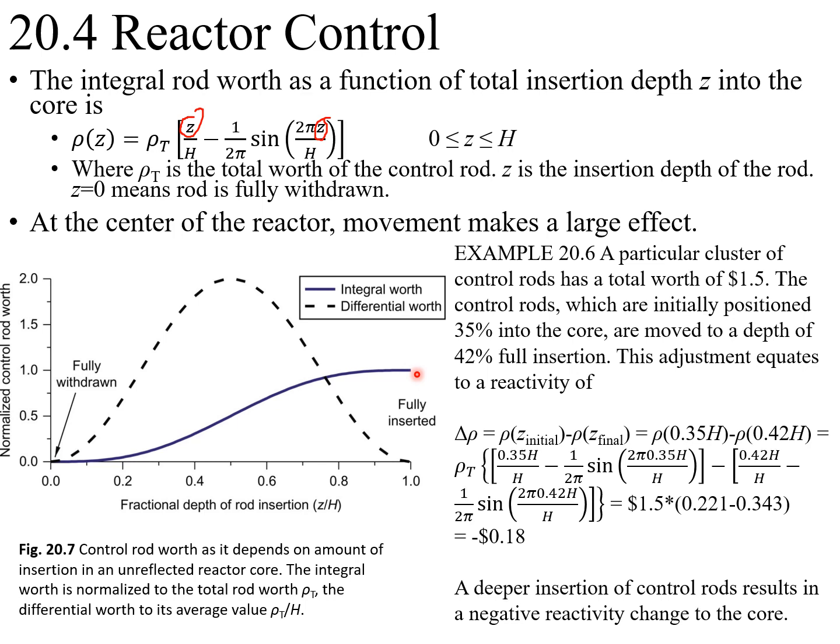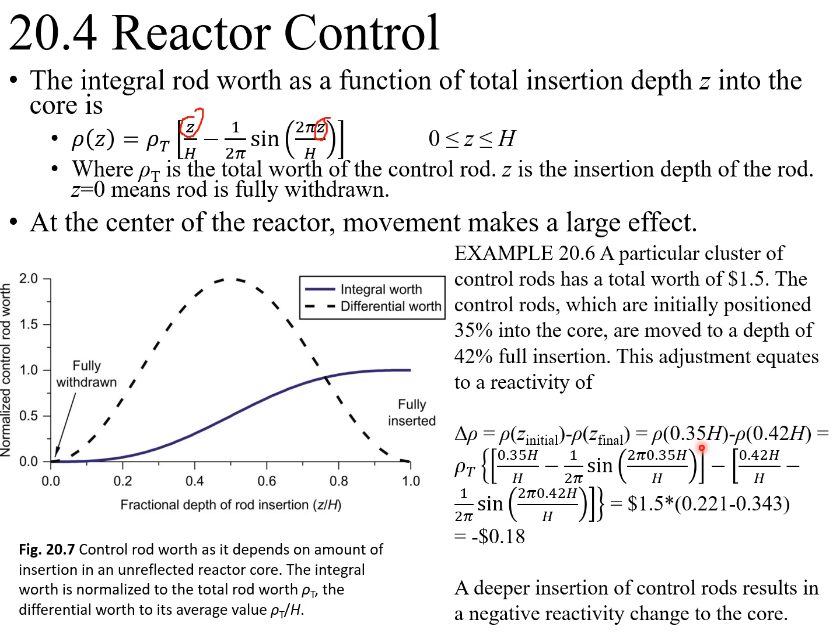So you are going to insert this control rod deeper into the core. So the change of this reactivity, delta rho, is equal to the final reactivity minus the initial reactivity. So the initial is 35% of the H. Okay, so 0.35 times H, and the rho final, that is 42% of the H.